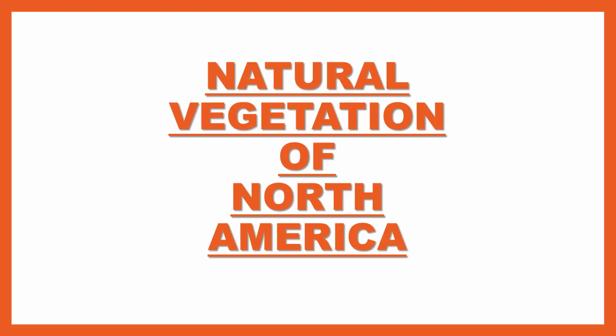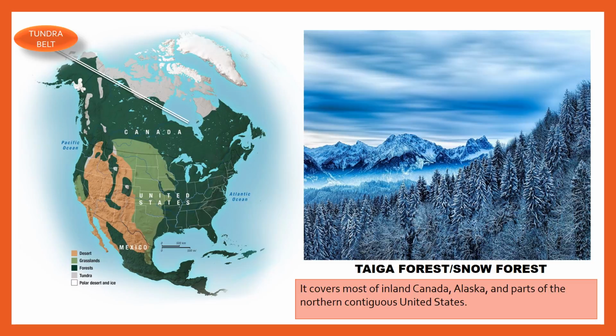So let's start. Children, south of the tundra belt lies the cool temperate type of climatic region. This is actually a belt of coniferous forest called taiga, and it is also known as snow forest. It covers most of inland Canada, Alaska, and parts of the northern contiguous United States.